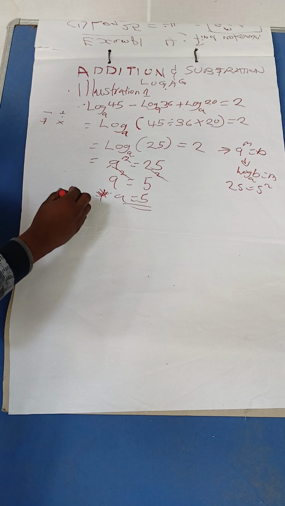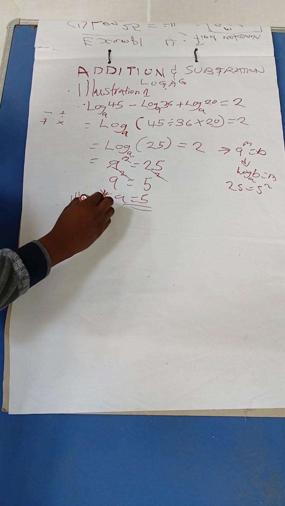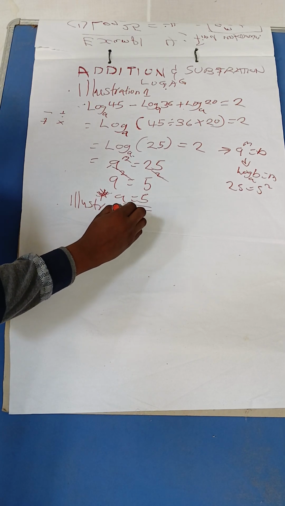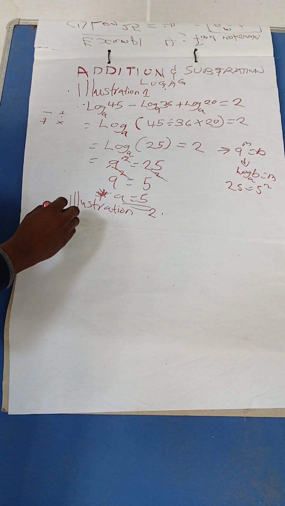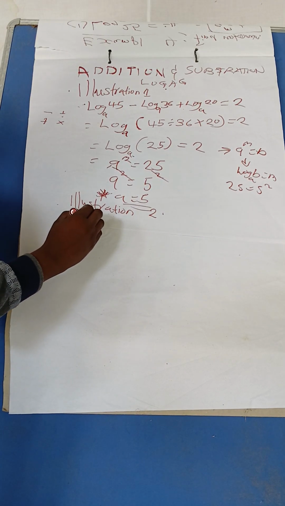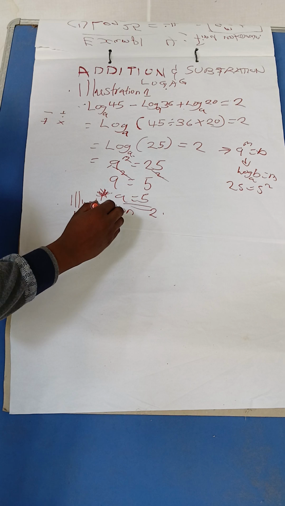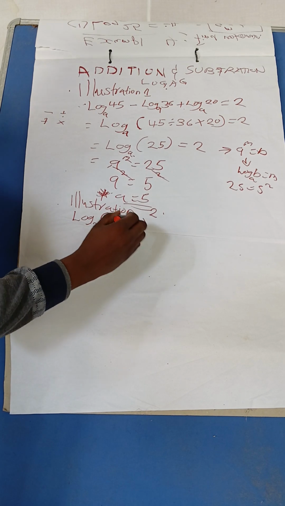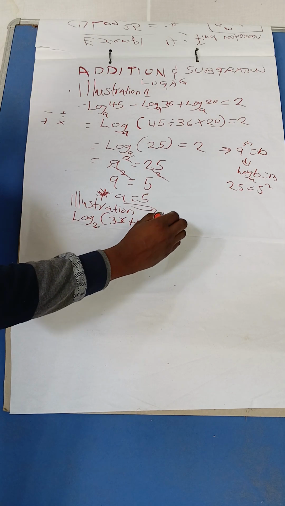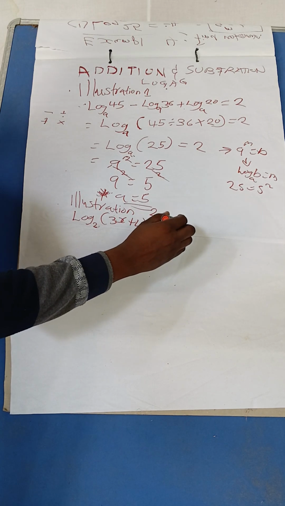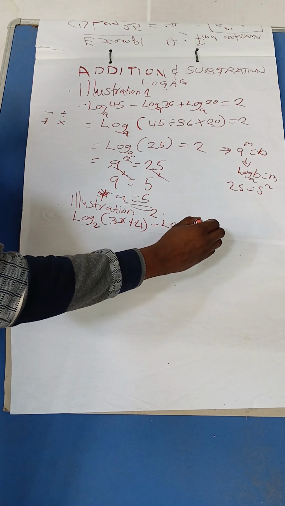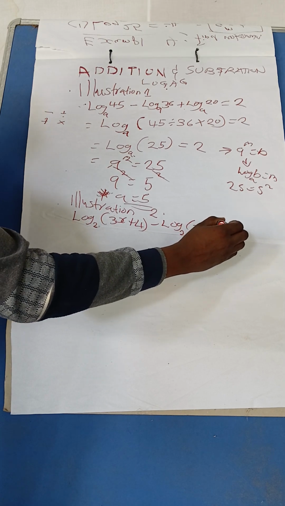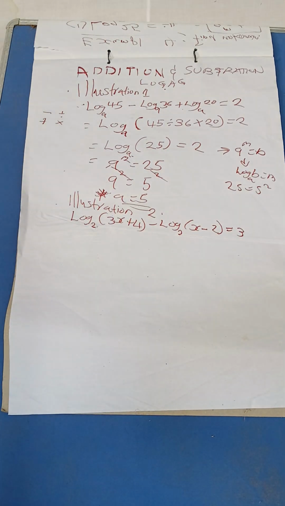So illustration 2: we have log to base 2 in bracket 3x plus 4, close the bracket, minus log to base 2 in bracket x minus 2 is equals to 3. Now, how do you do this? Very easy.